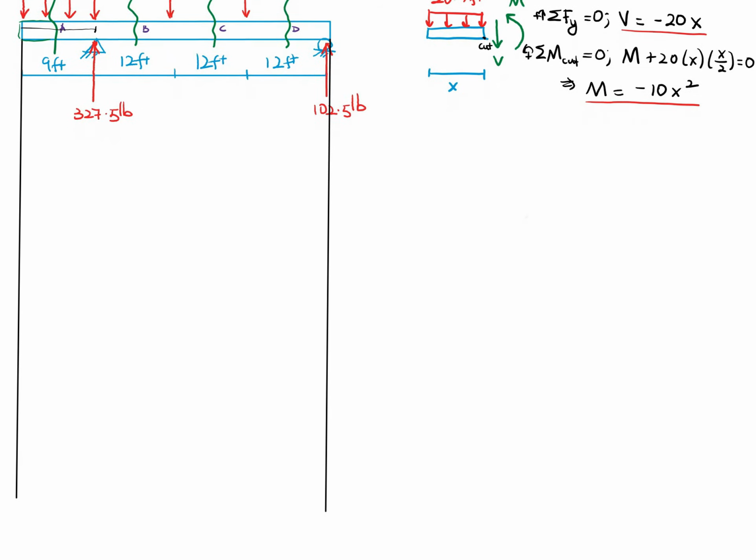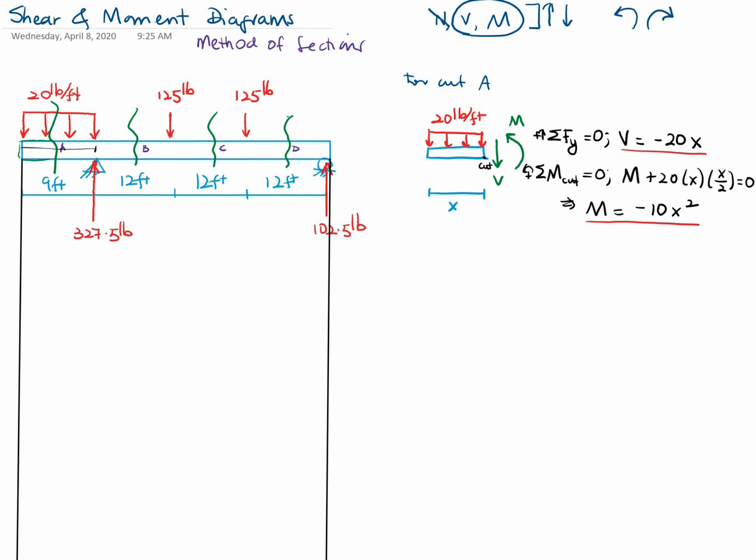So for the second one, we're going to make a cut around B, which is between the edge of 9 feet right here and the next one, which is 21, 9 plus 12. If you're drawing your FBD for cut B, you want to take the left-hand side or right-hand side, which doesn't mean take a random middle, but actually take everything.